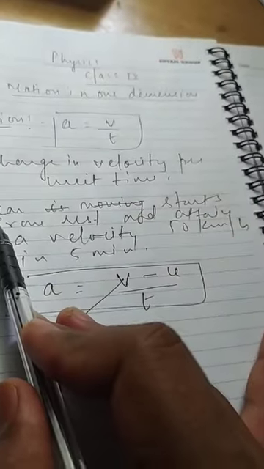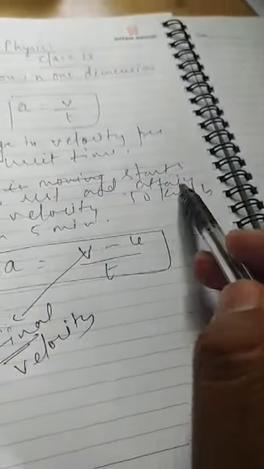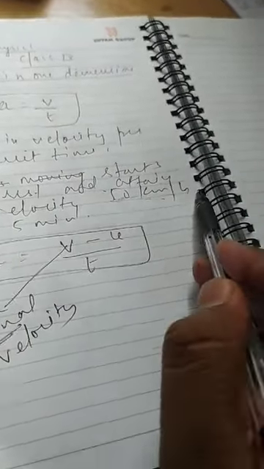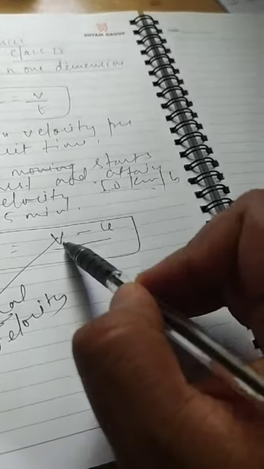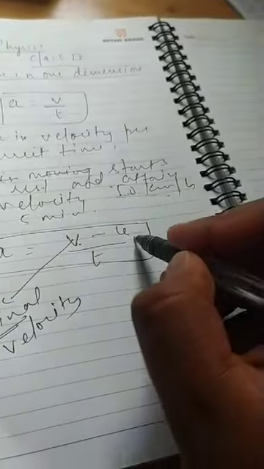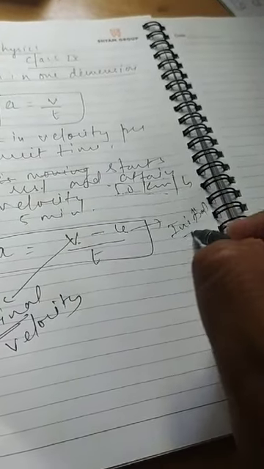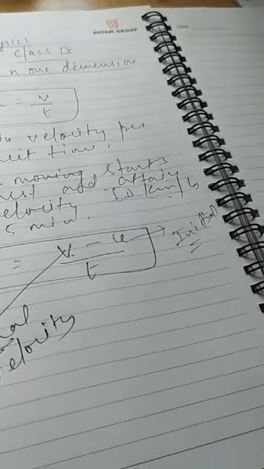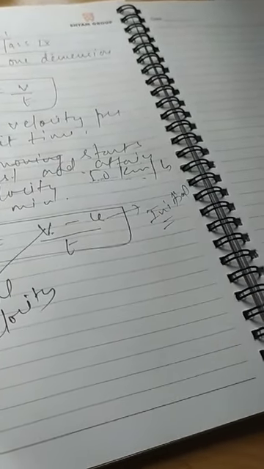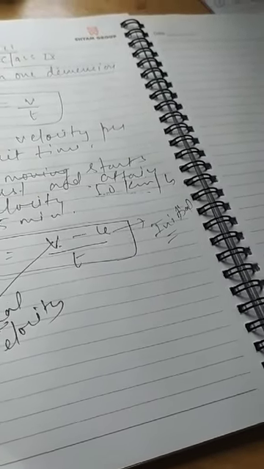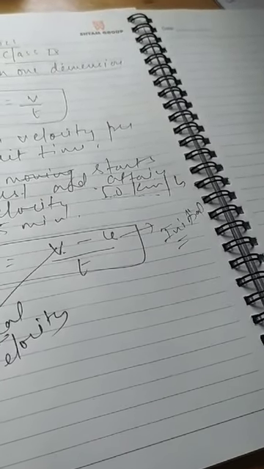So you will see this question: a car starts from rest and attains a velocity of 50 km per hour. So this 50 km per hour will be the final velocity, and since the car is started from rest, the initial velocity will be 0. At rest the initial velocity will be 0, and the time duration in which the car is accelerated from 0 to 50 km per hour is 5 minutes.